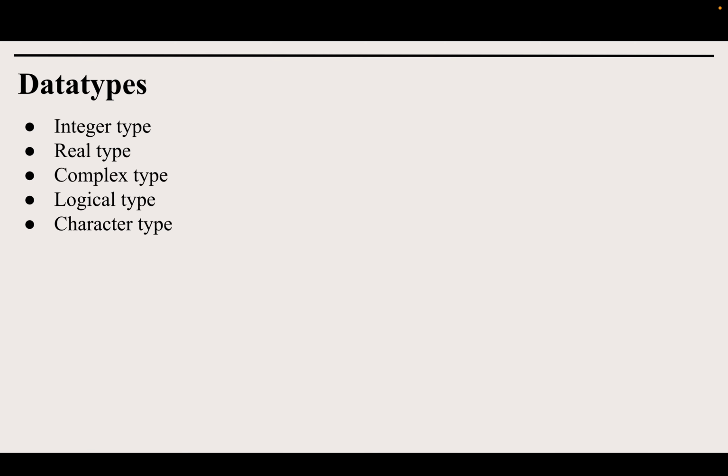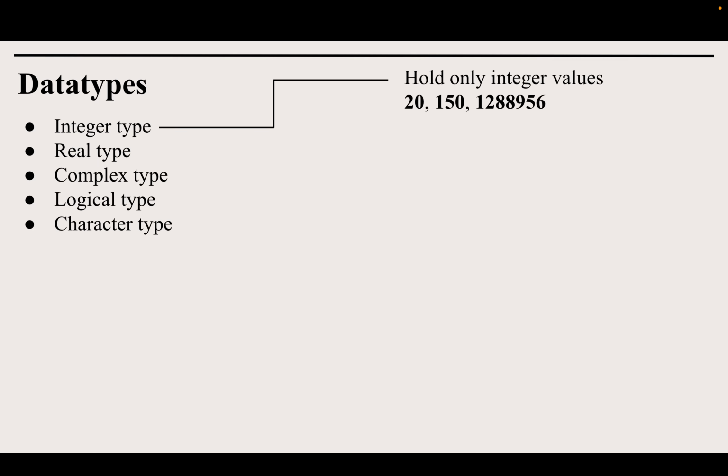Next is data types. There are many data types, and these are the same for all kinds of coding languages. Here the first one is the integer type. Integer type will hold all integer values, that means numbers like 20, 150 and long numbers, and only this kind of numbers.